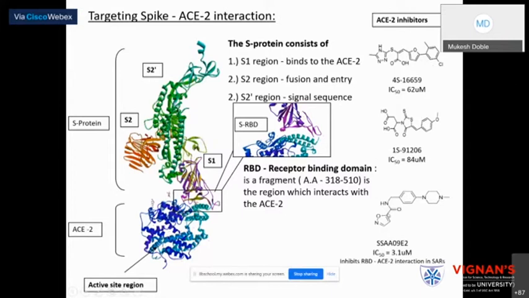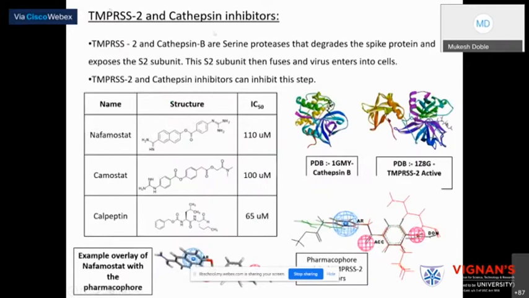If you look at TMPRSS, like I said, it is involved in cleaving the S1 and S2 subunits, so that S2 with the RNA fused will enter the host. Again, there are some molecules that have been reported in the literature with their IC50 values given here.